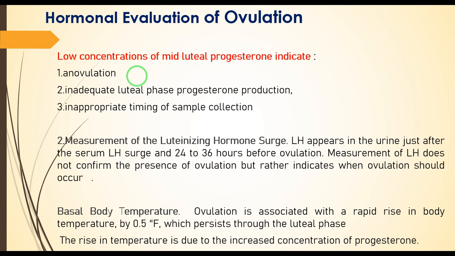The other thing that can be helpful for assessing ovulation is measurement of the luteinizing hormone surge. It can be measured 24 to 36 hours before ovulation, and if we find it is increased, it gives us a clue that ovulation should occur, because the LH increases before ovulation.